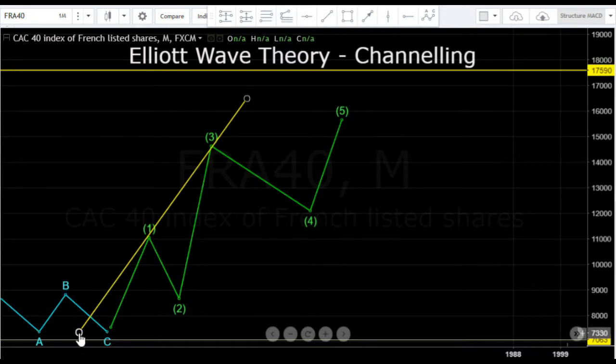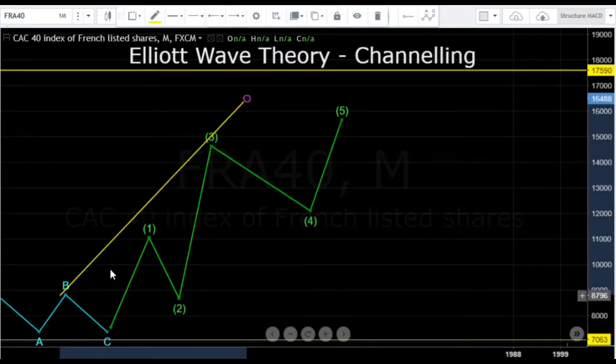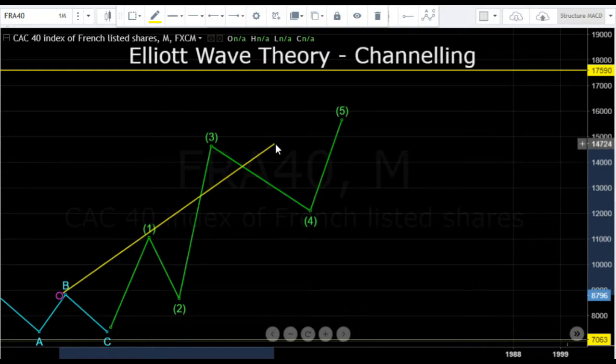What Elliott suggested we do is that we find a point on the baseline and join that. This is what he called the baseline, and we join that to the top of 1 to give us our new channel when this happens. And in this situation, I've just drawn a simple correction here that would have come after the end of the previous impulse.